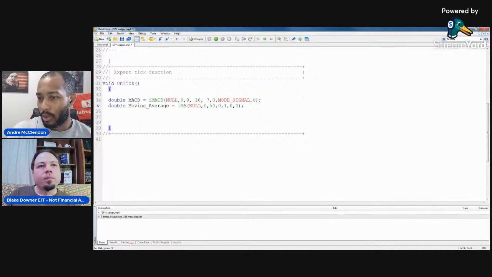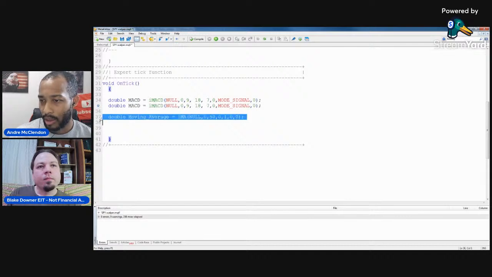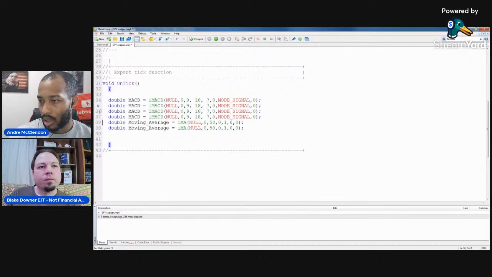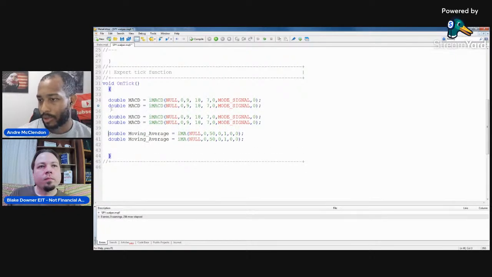All right. So we need a couple of things first. In programming terms, we need more back data, basically. We need to change up a lot of things.